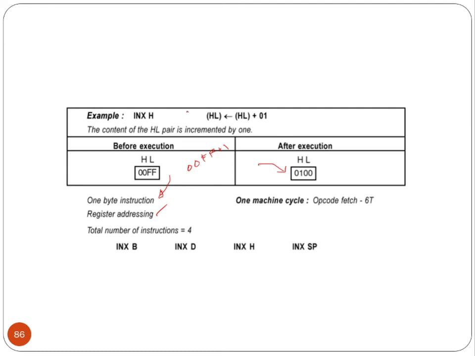It is to be noted that during opcode fetch, the total T states may vary from 4 to 6. In order to complete this instruction INX RP, the number of T states required for the opcode fetch is 6.